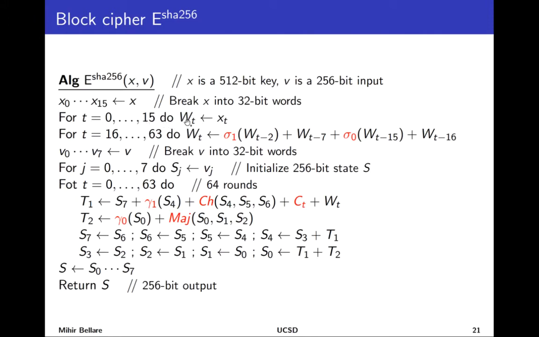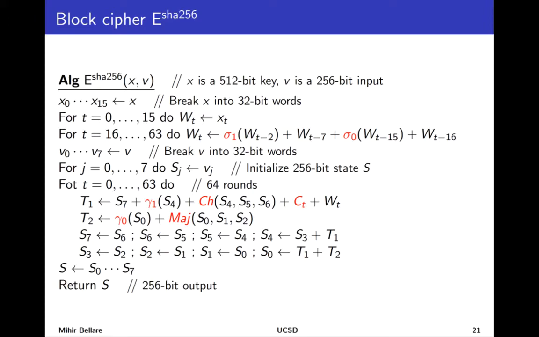From these original 16 W_t words, you define a whole lot more so that in the end we have 64 of these 32-bit words. And the others are obtained from the initial ones or prior ones by applying various functions that we won't necessarily discuss in detail. You take this 256-bit string, break it also into 32-bit words, and then initialize a state. And this is done by setting different parts of the state to these initial values. Block ciphers always operate in rounds.